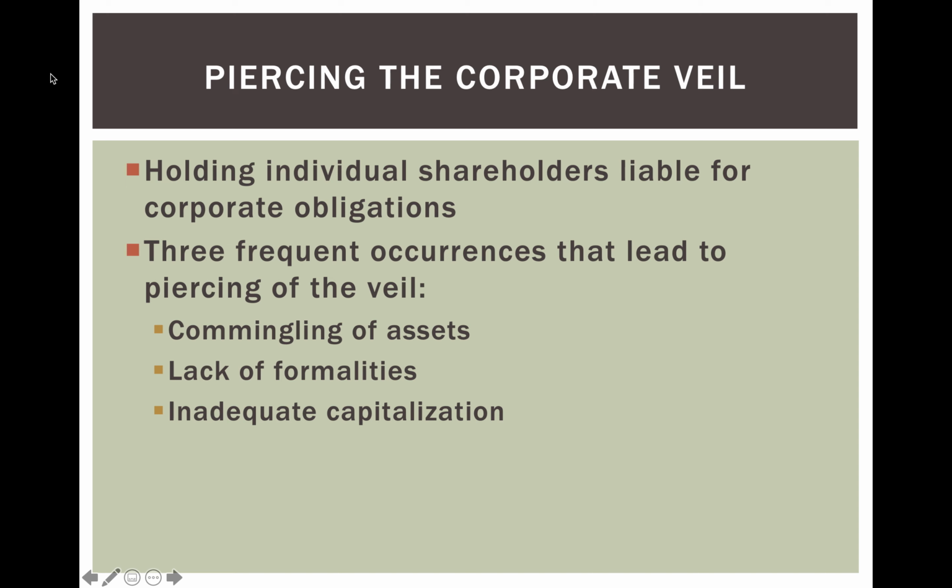You don't get to take advantage of the benefits of that shield, basically, that veil that protects the individual shareholder's personal assets. So when the corporate veil is pierced, it is done so to prevent fraud and injustice that is occurring.